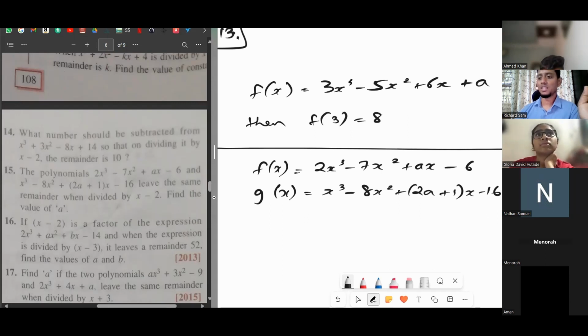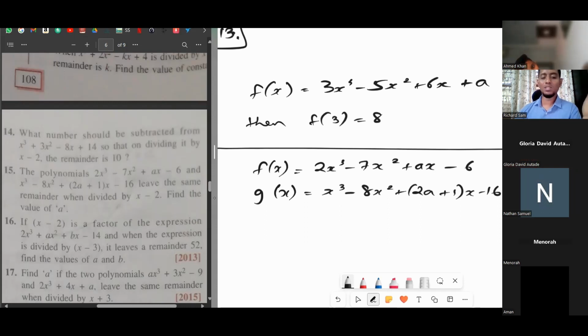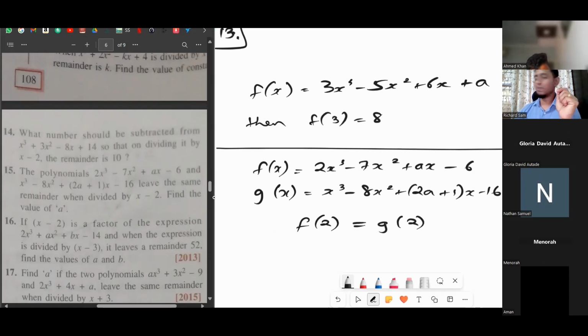Did you understand? Yes, sir. Now what they're saying is they both leave the same remainder. The remainder for the first is f of 2, for the second is g of 2, and both are equal. This is your equation.